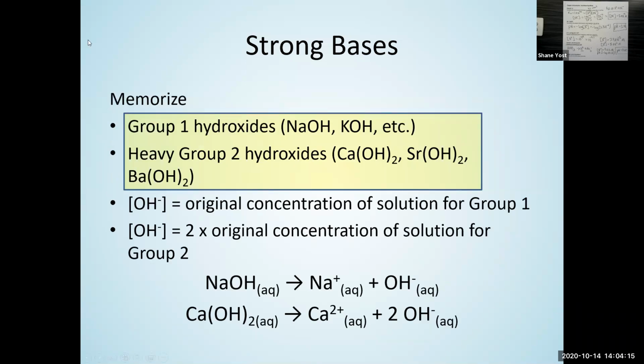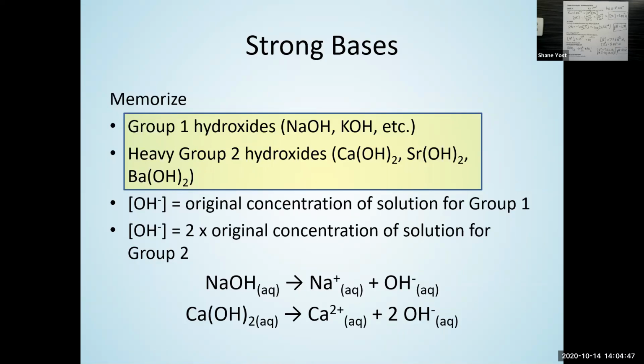Your strong bases are your group 1, group 2 hydroxides: sodium hydroxide, potassium hydroxide, lithium hydroxide, and so forth, and magnesium hydroxide. The group 1, group 2 heavy metal hydroxides are your strong bases. All other bases are going to be weak bases.